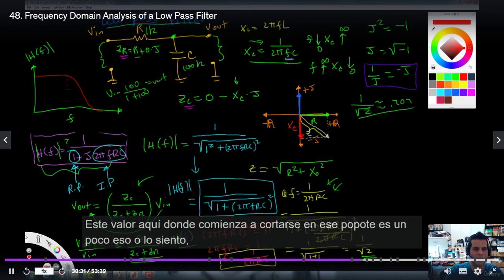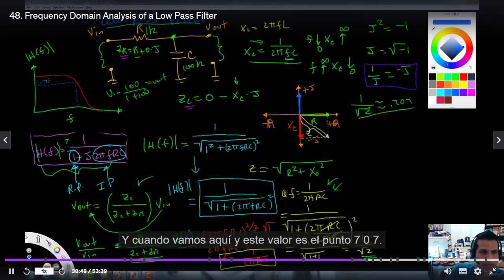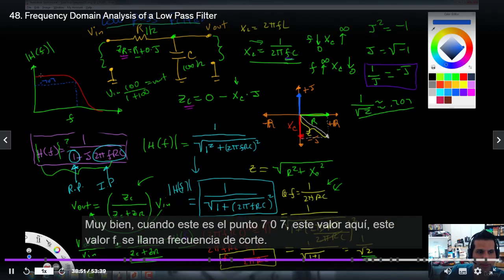This value here, where this starts cutting off, and let's draw this a little bit better, sorry. We're going to draw it with blue here. When it gets to about here, and we go over here, and this value is 0.707, this F value is called the cutoff frequency.